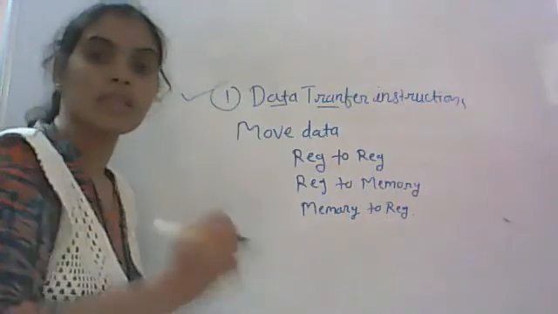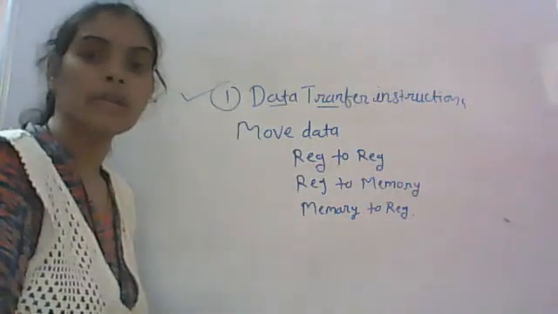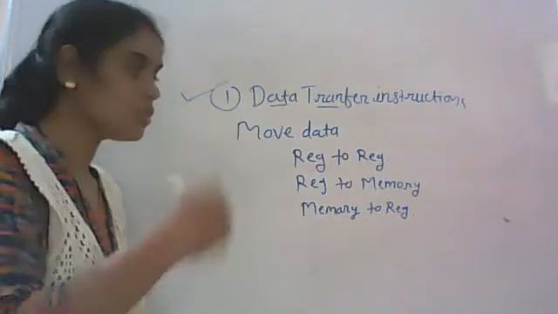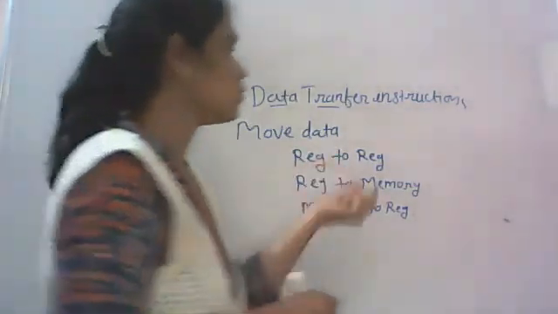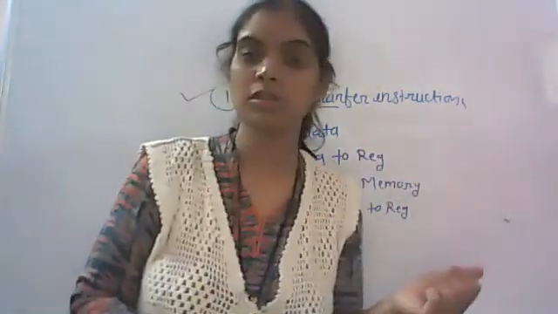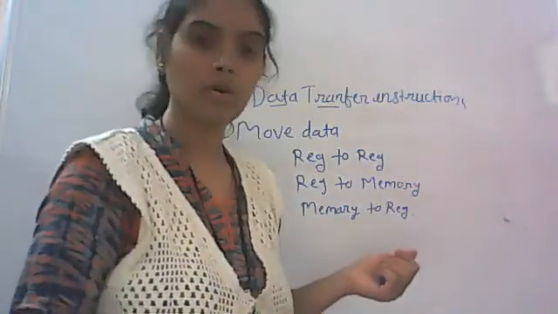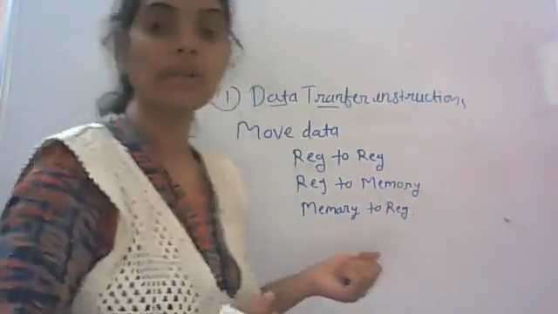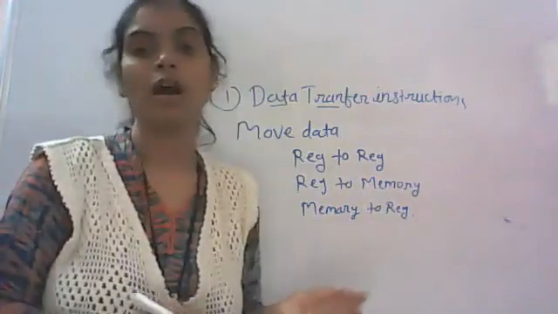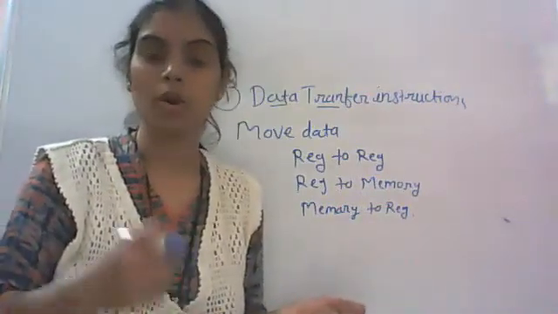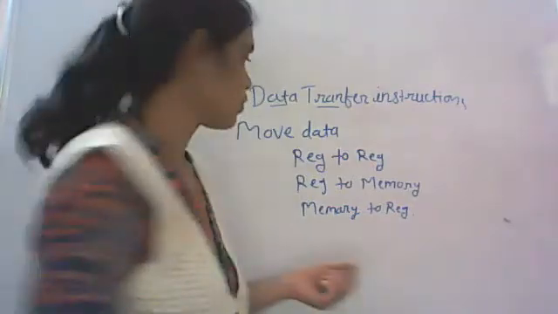This instruction copies data from source to destination. The source may be a register or memory or data. While copying, the content of the source is not altered or modified.